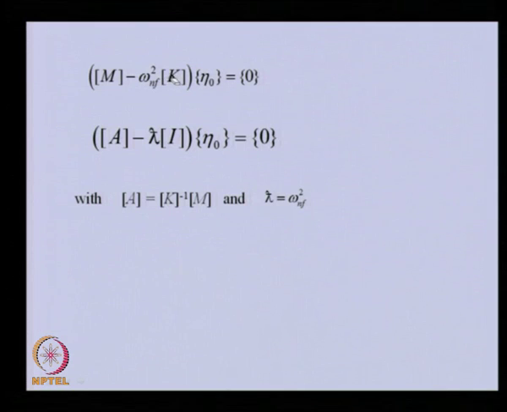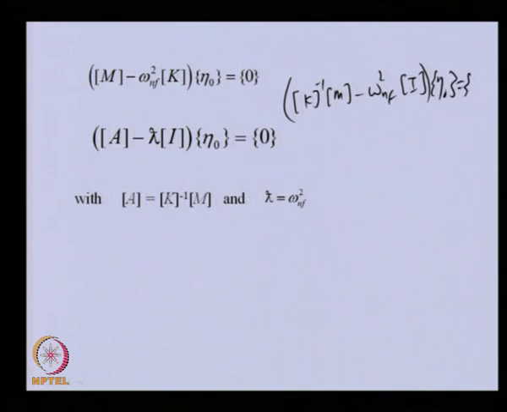So, here we have multiplied by K inverse throughout. Basically, we got K inverse into M minus omega nf squared times K inverse into K, which gives the identity matrix, into the vector equal to 0.